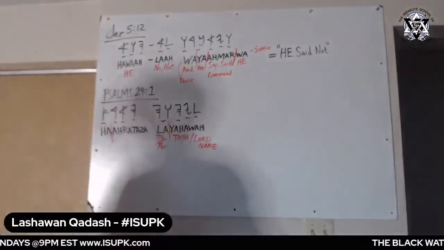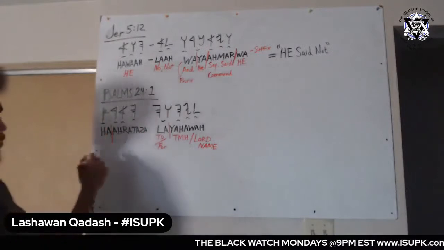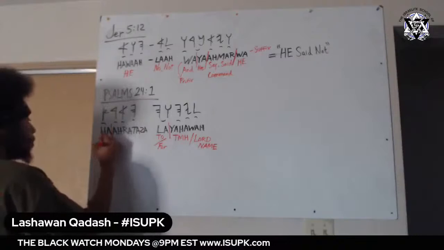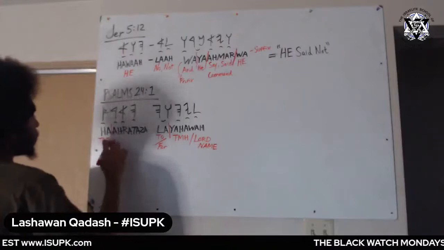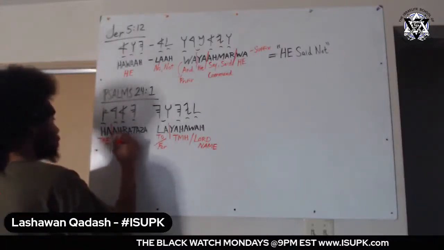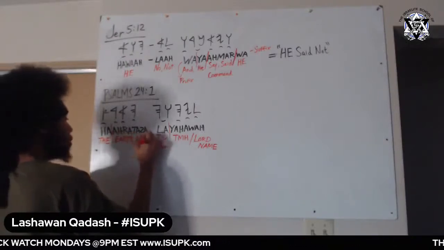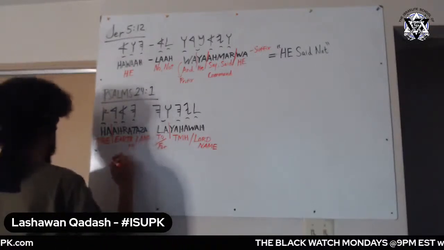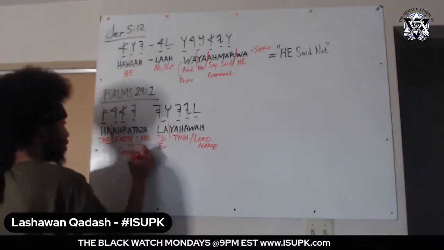Alright, now we have Ha-Arataza. So the Ha simply means the, however you want to pronounce it. The. Arataza means earth, land, or simply country, all based on the context.